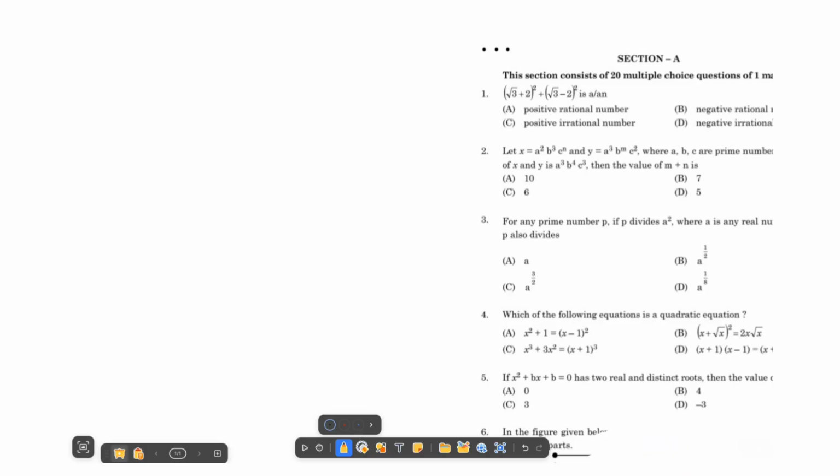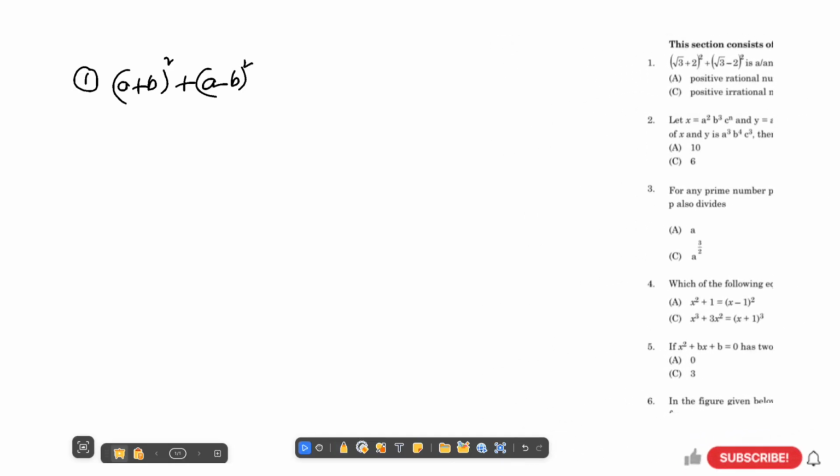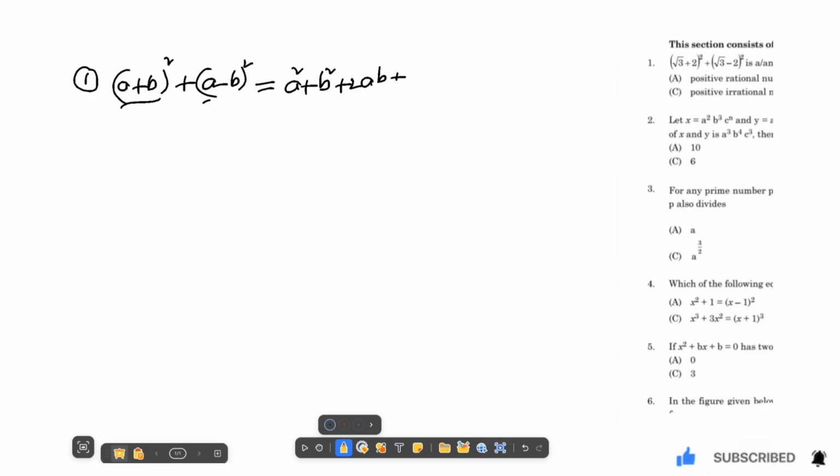Let's check what we get. (a plus b) whole square is a square plus b square plus 2ab, plus (a minus b) whole square, a square plus b square minus 2ab.